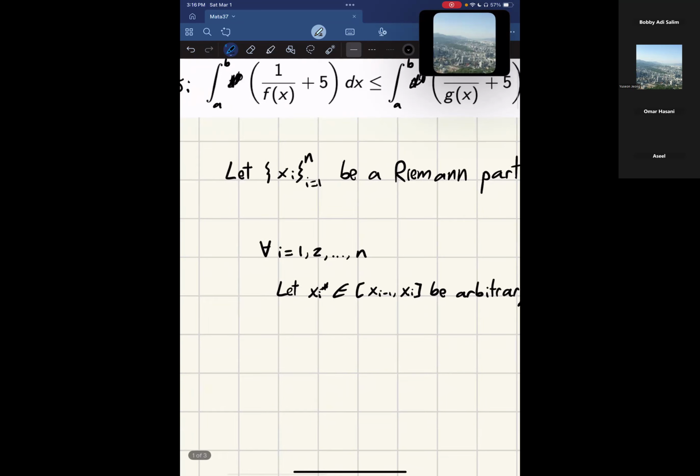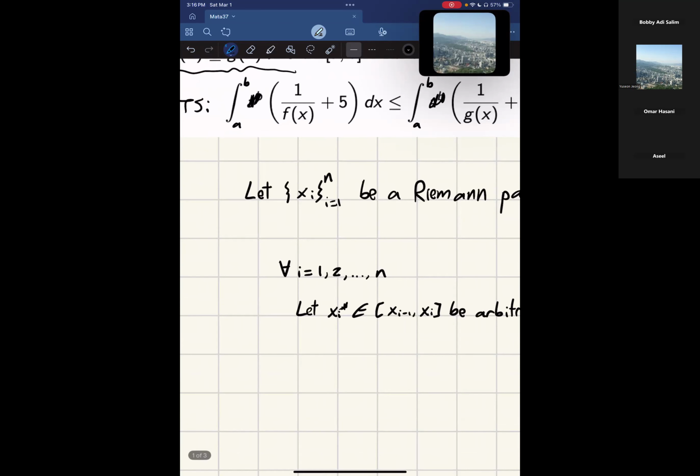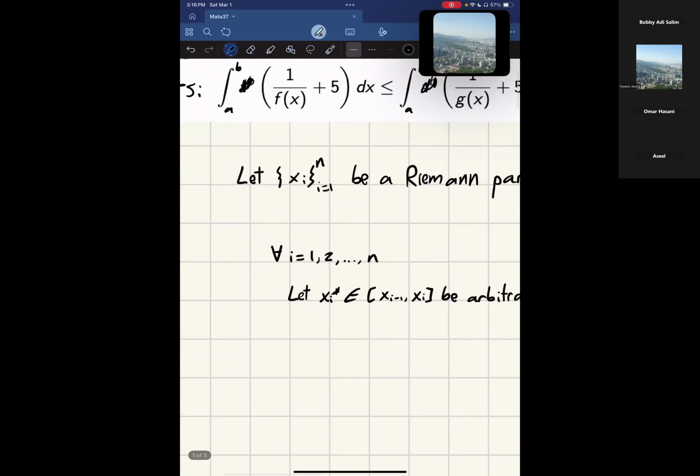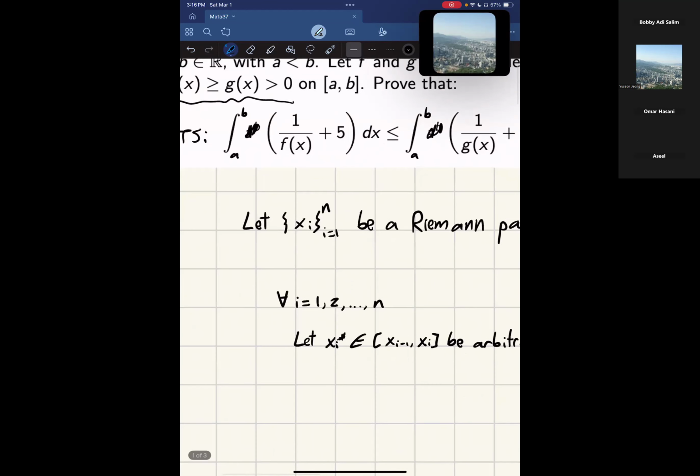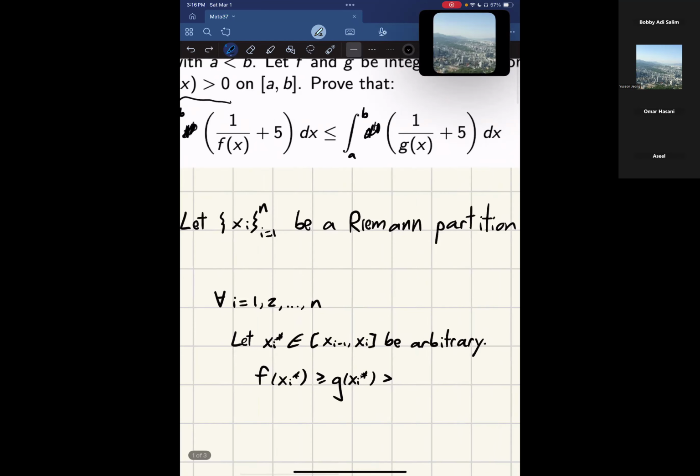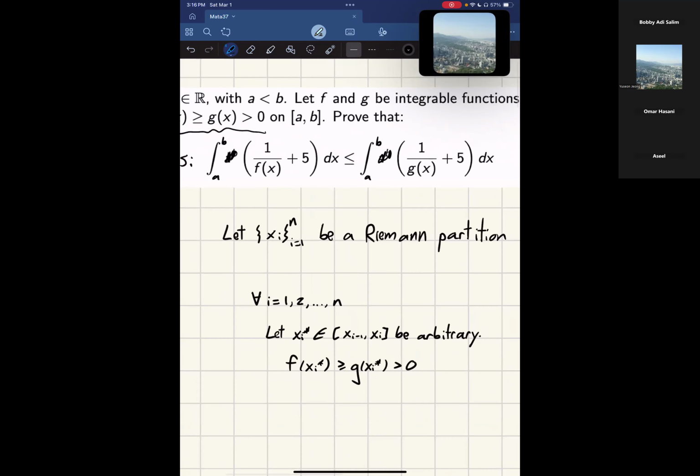Okay, now that we did that, continuing with the fact that for all i's, we know that f of x_i star is bigger than or equal to g of x_i star, which is bigger than 0. And that's just directly from the hypotheses.